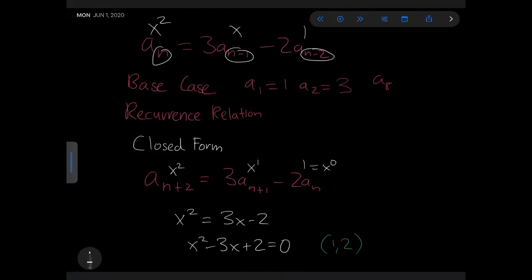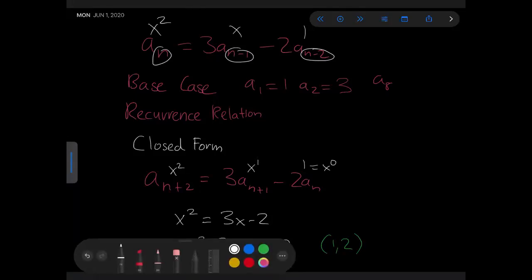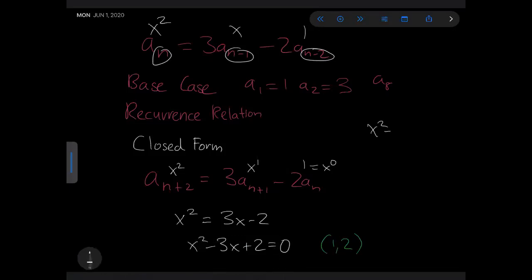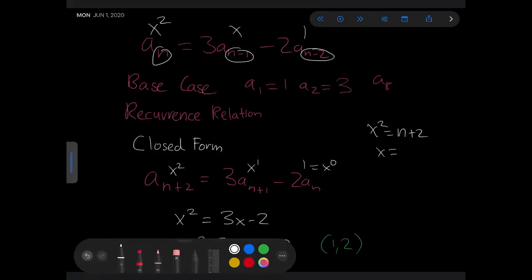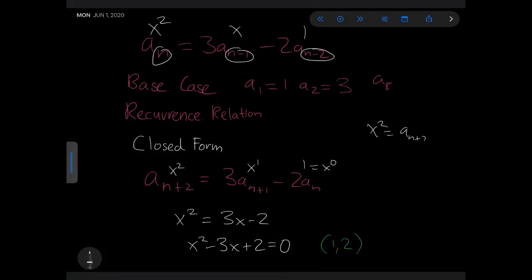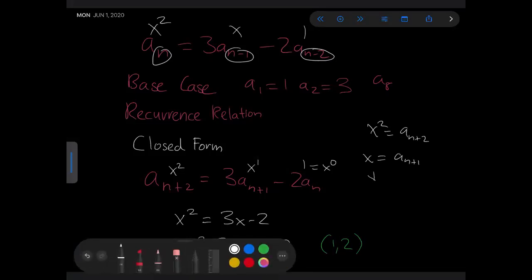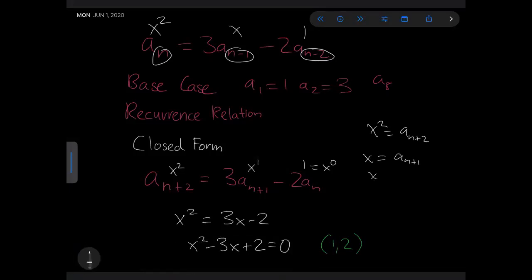So what we're doing is saying that x squared is equal to a_n plus 2, x is equal to a_n plus 1, and x to the 0 is equal to a_n. These aren't true.